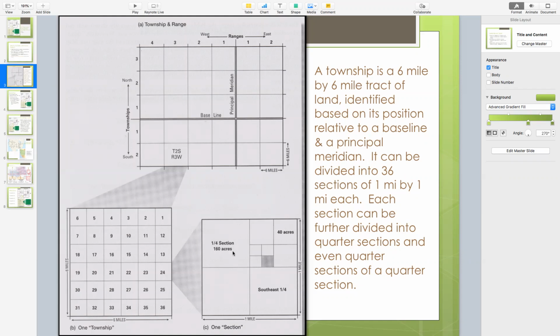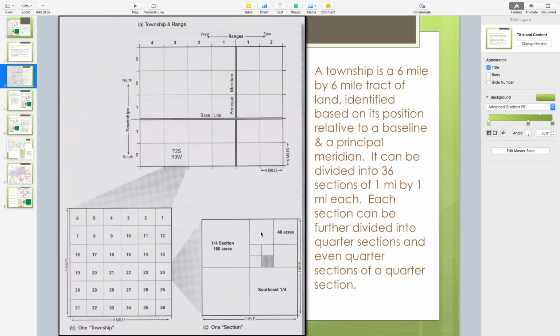These quarter sections can then be further divided into quarter sections. So in this example, in the northeast corner of section 24, we have 4 more quarters.